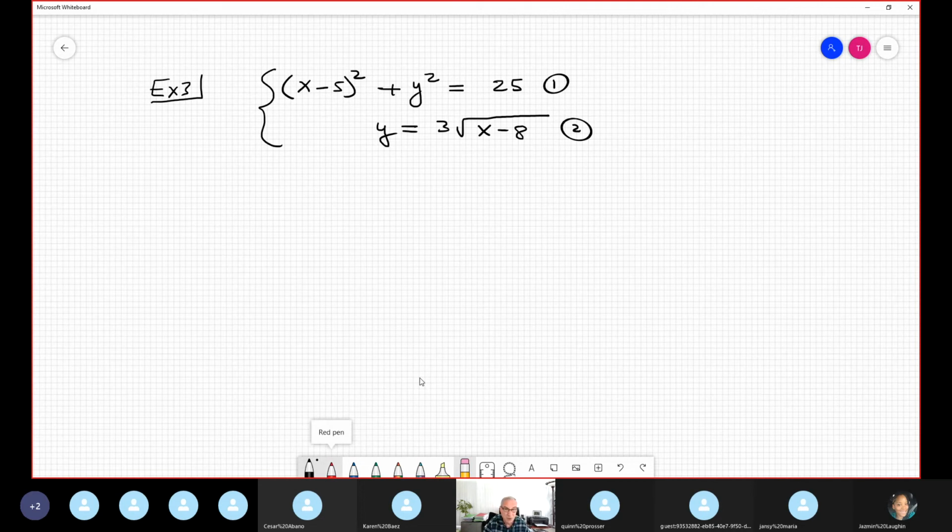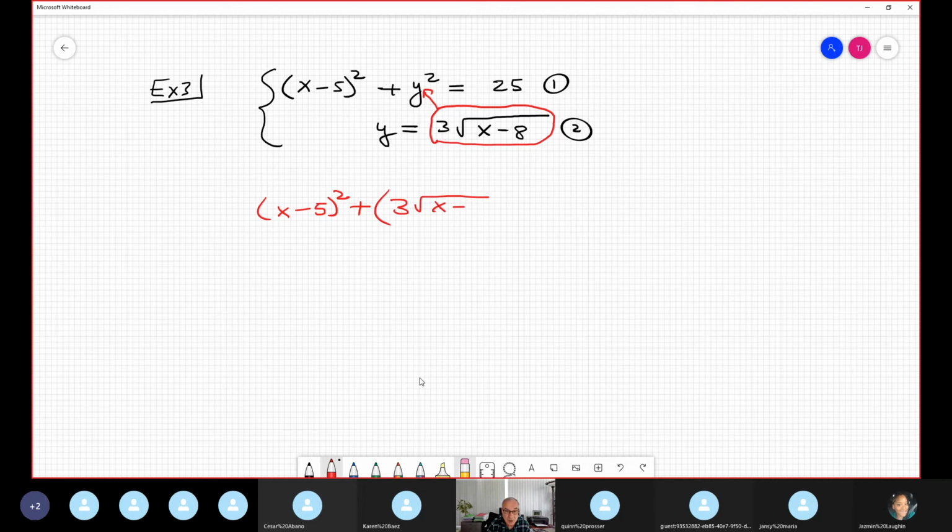But no worry for this. You take advantage, using your common sense and your imagination, that in the second equation y is isolated. Therefore, it's ready for substitution. So substitute this expression, equivalent to y, into the first equation. You copy (x minus 5) squared plus, and now we have in parentheses 3 square root of (x minus 8), squared, equal to 25.